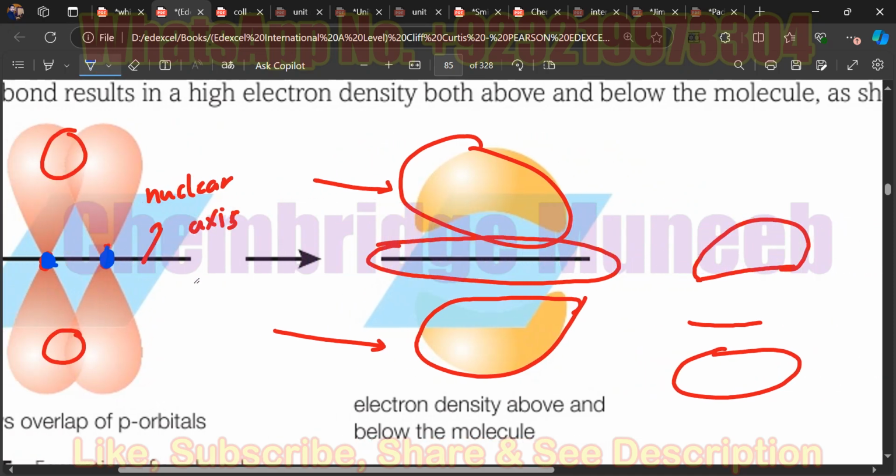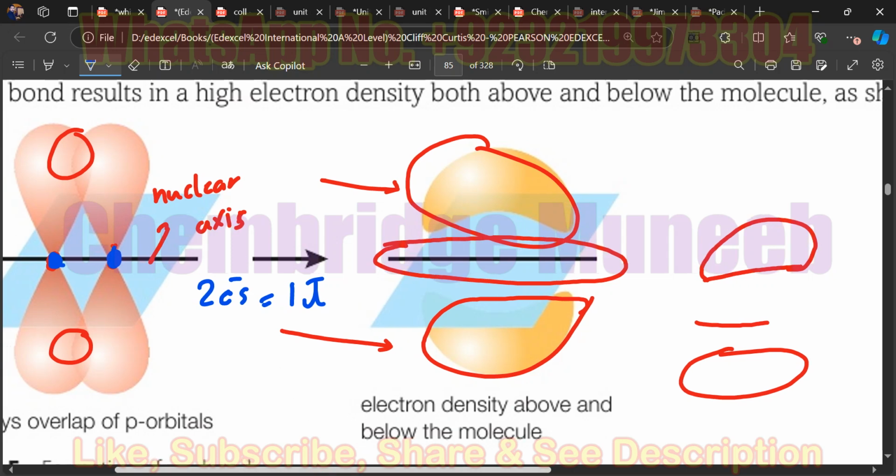There are 2 electrons. 2 electrons are present in one pi bond. Not this. 2 electrons in 1 pi bond.